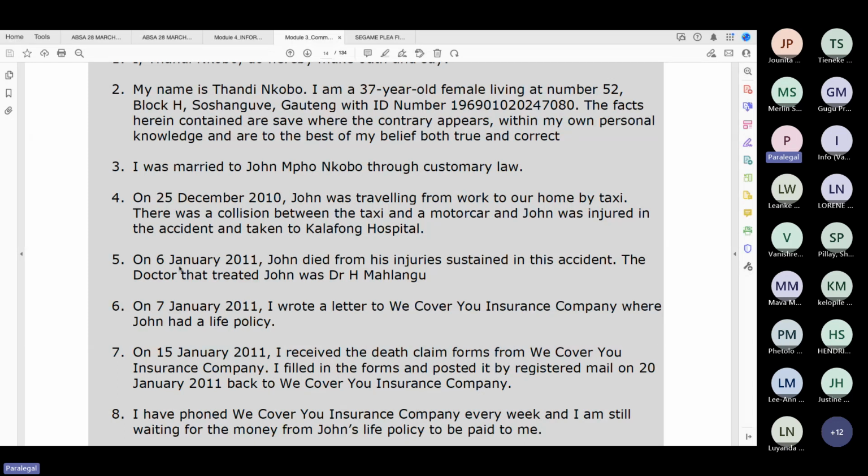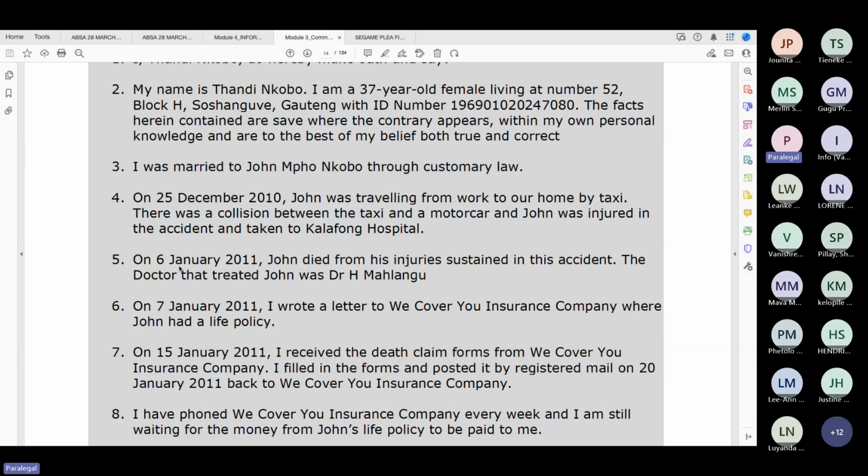On or about the 25th of December 2010, John was. Why do they write on or about? You want to avoid a situation where you had a typo, instead of 8 you typed 5, and then you guys are in court, and there's a discussion about whether it was the 25th or the 28th. No, man. It was on or about the 25th.